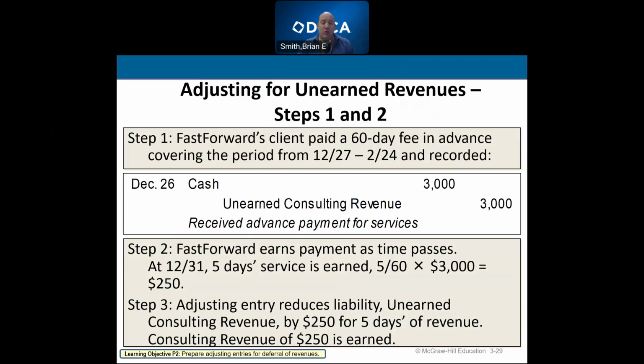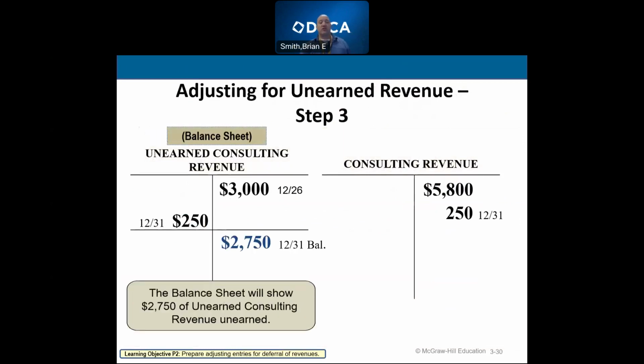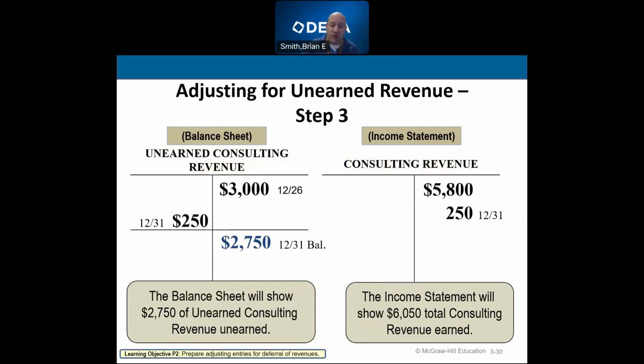Okay. So we've had this unearned consulting revenue, which is a liability. So we're going to need to debit that account and credit our consulting revenue, as you can see in the T accounts here. Unearned consulting revenue is our balance sheet account, and the consulting revenue is the income statement account.